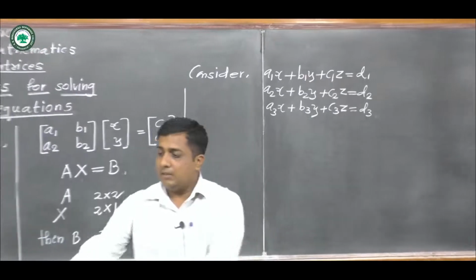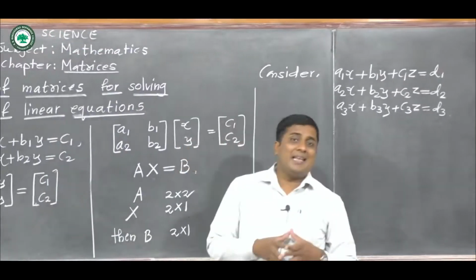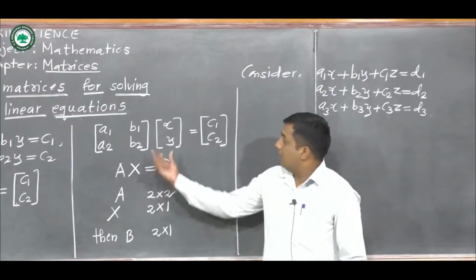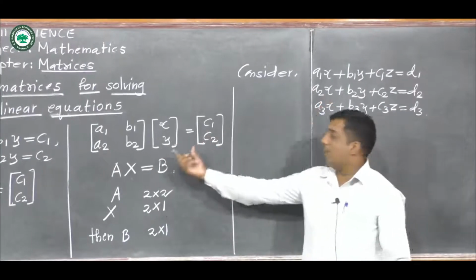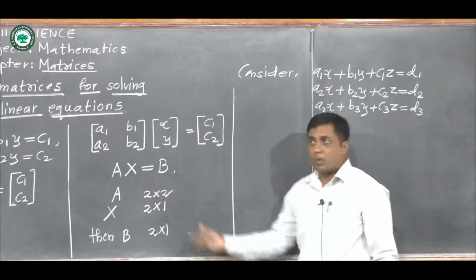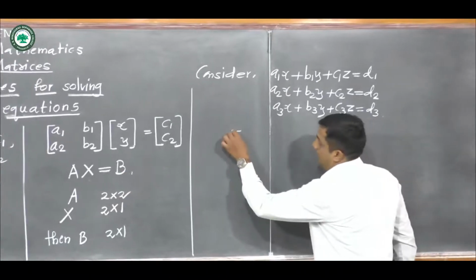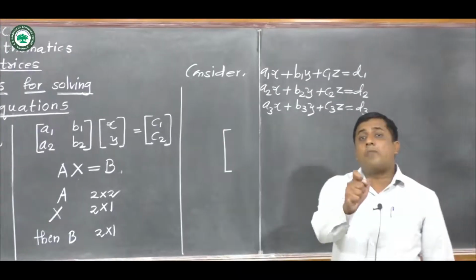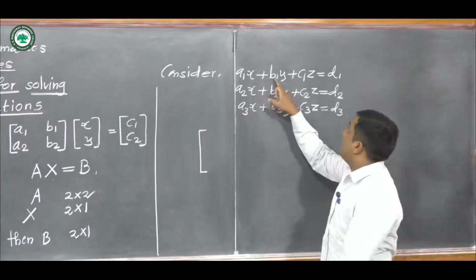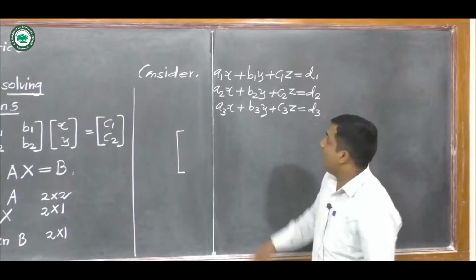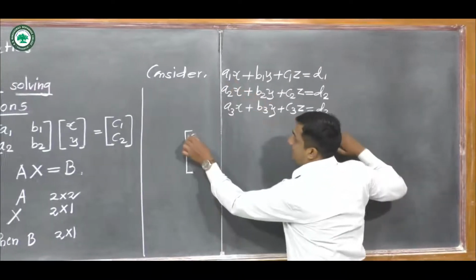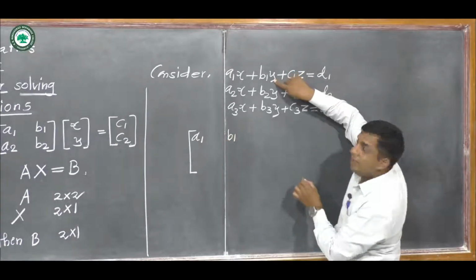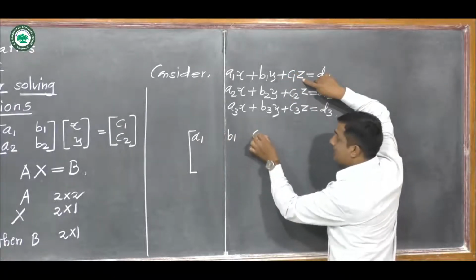Then, as explained in the beginning, they can be expressed in the form AX equal to B. In the first matrix we consider the coefficients of the variables x, y and z. The coefficient of x is a1, of y is b1, and of z is c1.